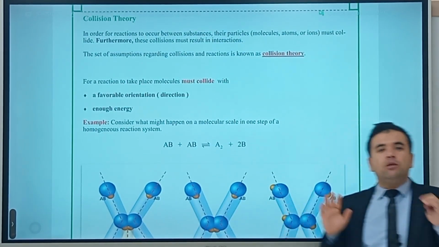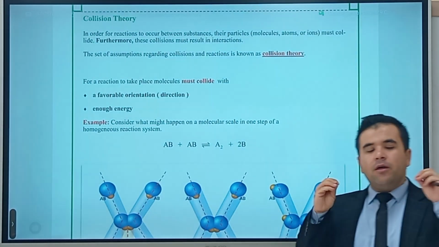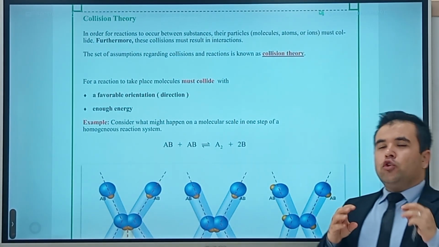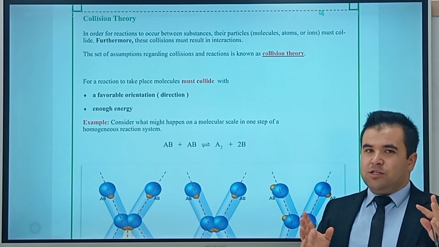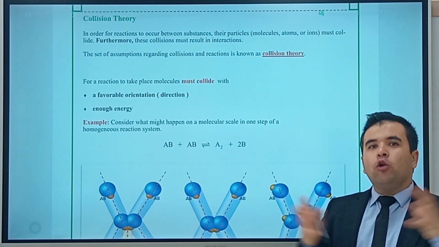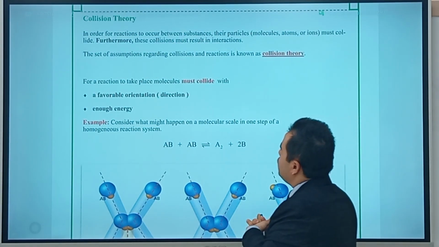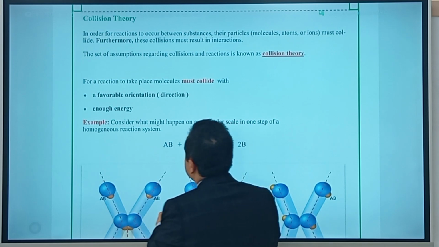We'll be talking about collision theory and three assumptions. This theory talks about gases especially, because gases move freely and collide with each other. That's why we'll be talking about the collision theory.